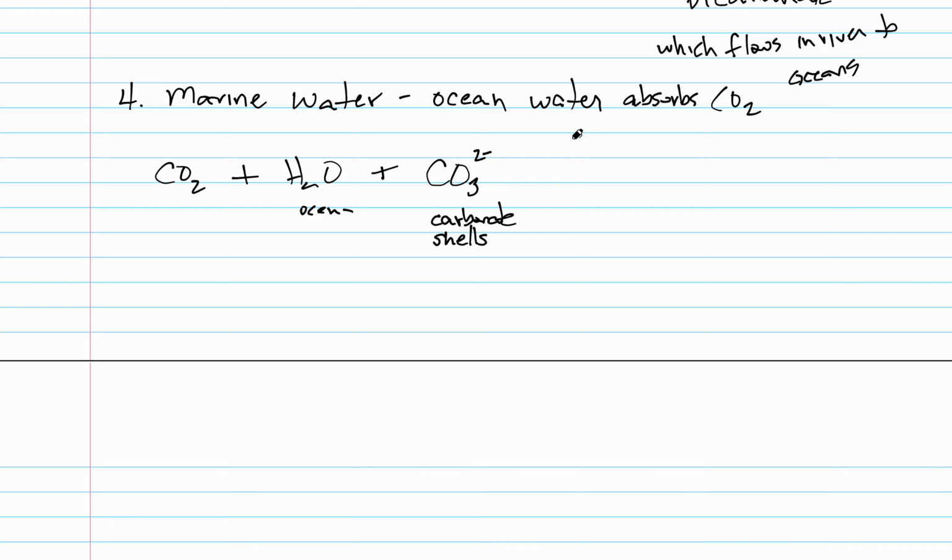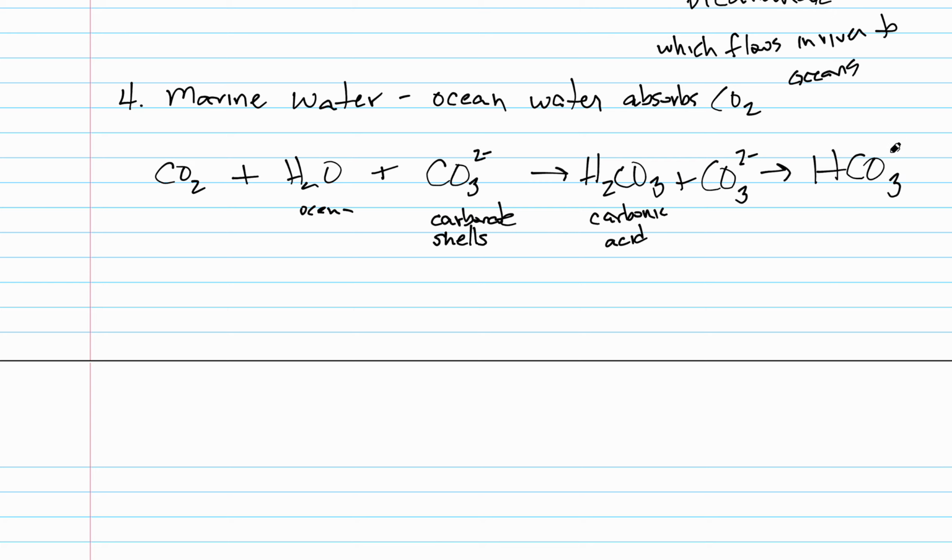This is a very important thing for organisms. When these 3 things come together, they react to form H2CO3. This is carbonic acid. Plus some leftover CO3 carbonate. And this will react to form bicarbonate, which sits as an ion in the ocean water.